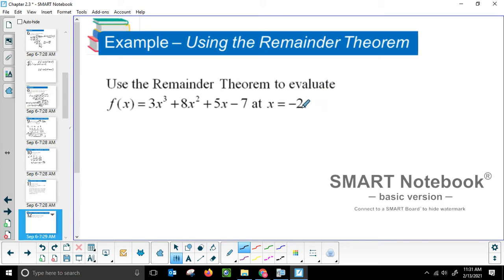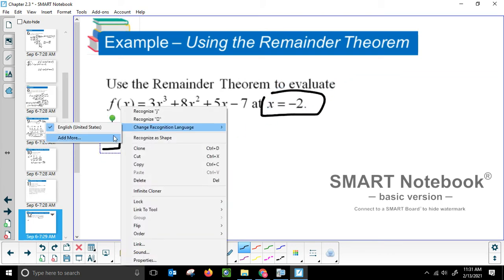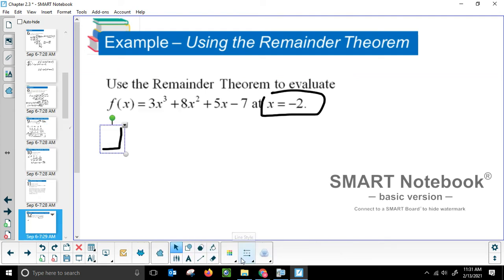Okay, now when they give us the 0, that is actually what goes in the box. So don't put the opposite, right, because they didn't say divide it by x minus 2. This is actually dividing by x plus 2, all right?